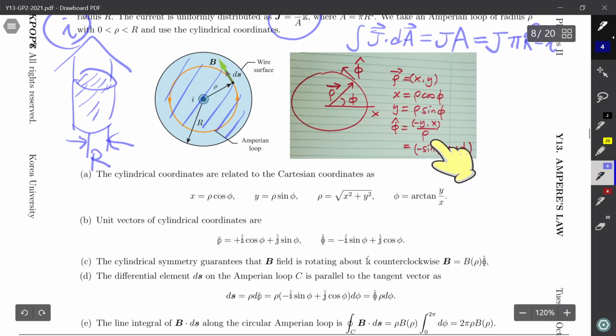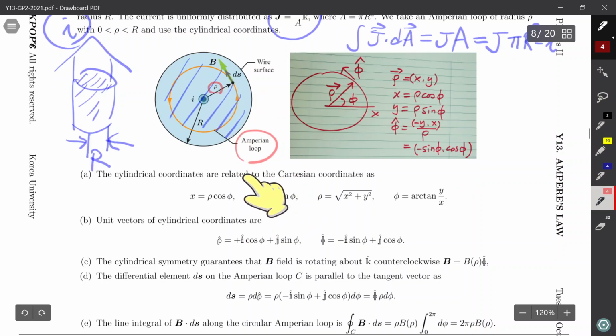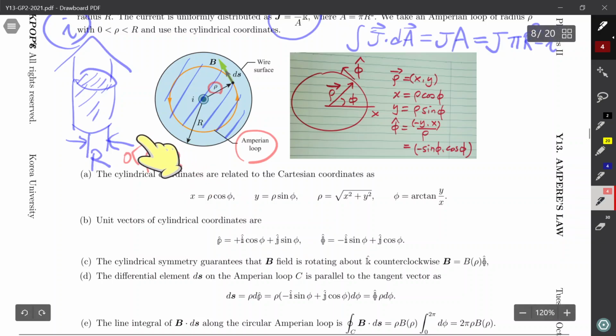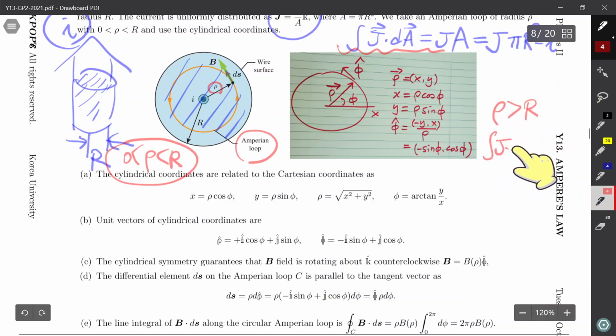We introduce an Amperian loop of radius rho, and rho ranges from 0 to R. In this region, the current density changes depending on the surface, and if rho is greater than R, the integral of J dot dA is I and is fixed.